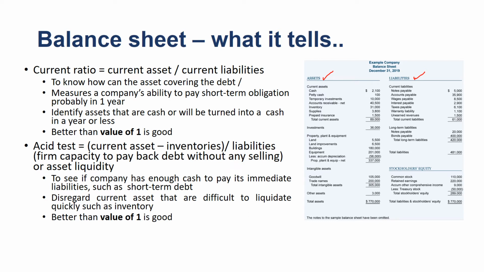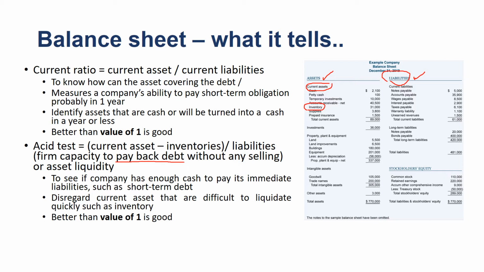And secondly, the balance sheet also will tell us about the acid test, which is current assets, deduct the inventory, and divide by the liabilities. This will help us to determine the firm's capacity to pay back debt without any selling of assets or liquidation.